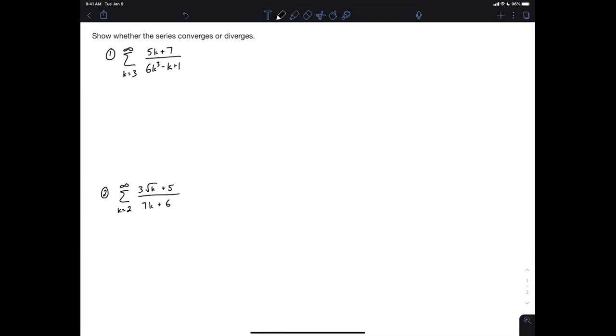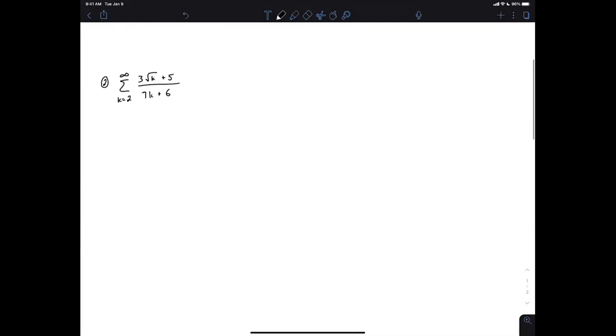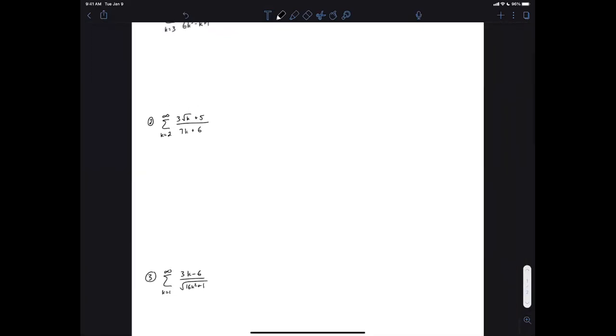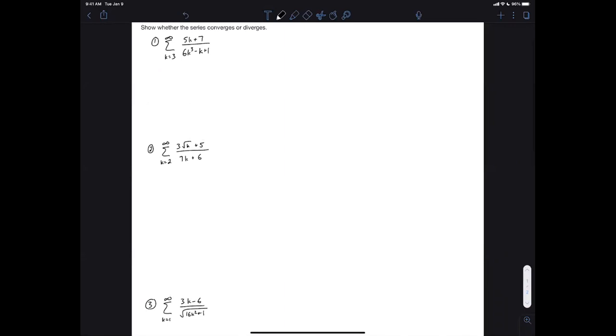And then number 3, I'm going to put it down here: k equals 1 to infinity of, let's do 3k minus 6 over the square root of 16k squared plus 1. And so, I want to talk about these 3 together.